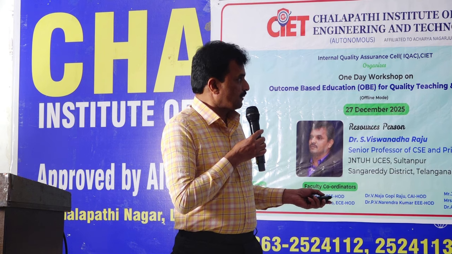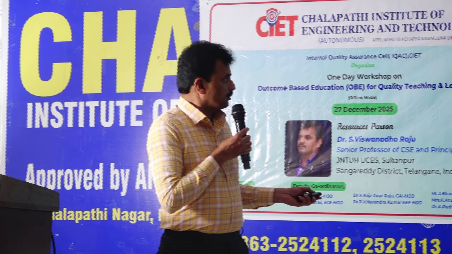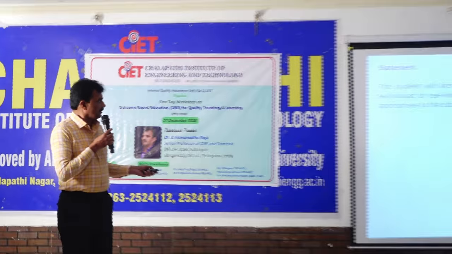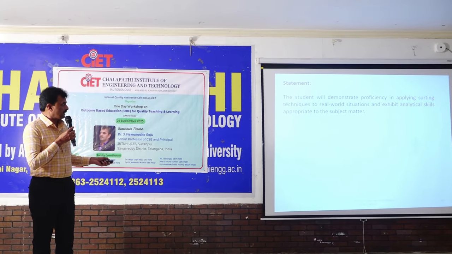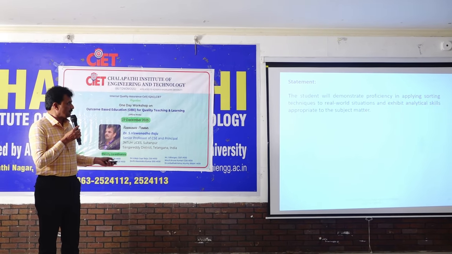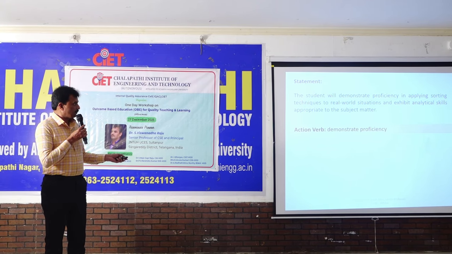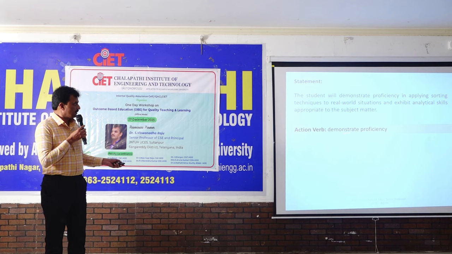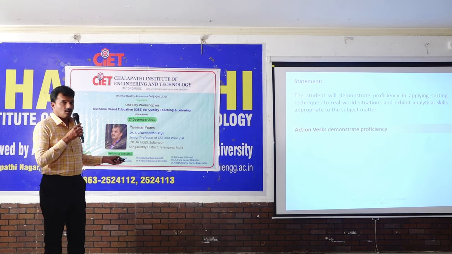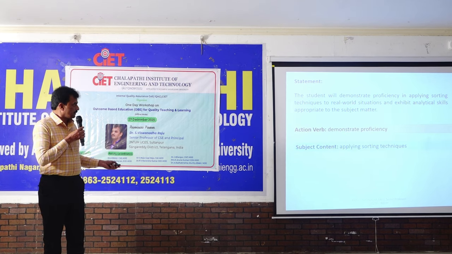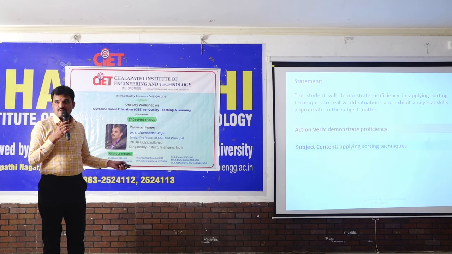Next one, statement. The student will demonstrate proficiency in applying sorting techniques to real world situations and exhibit analytical skills appropriate to the subject matter. In this you see that what is meant by action verb? Demonstrate proficiency is the action verb in this statement. Okay. Next is applying sorting techniques. What is this? Subject content.